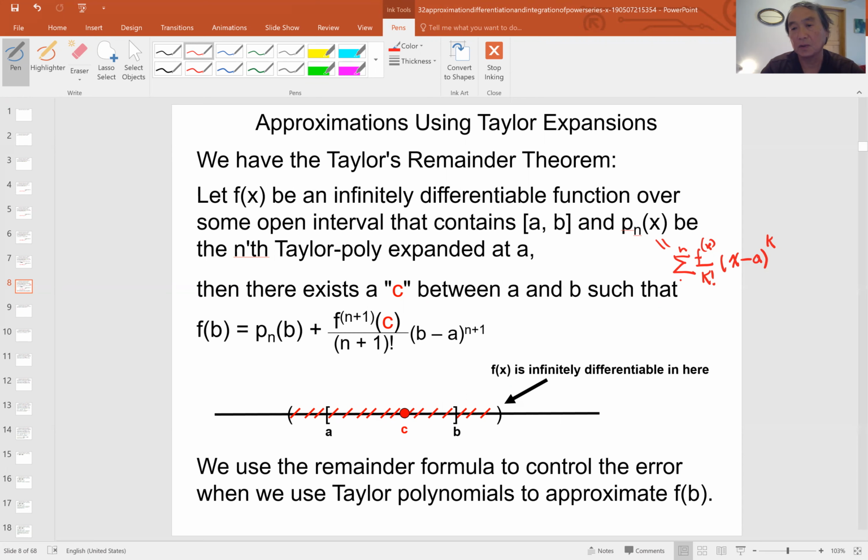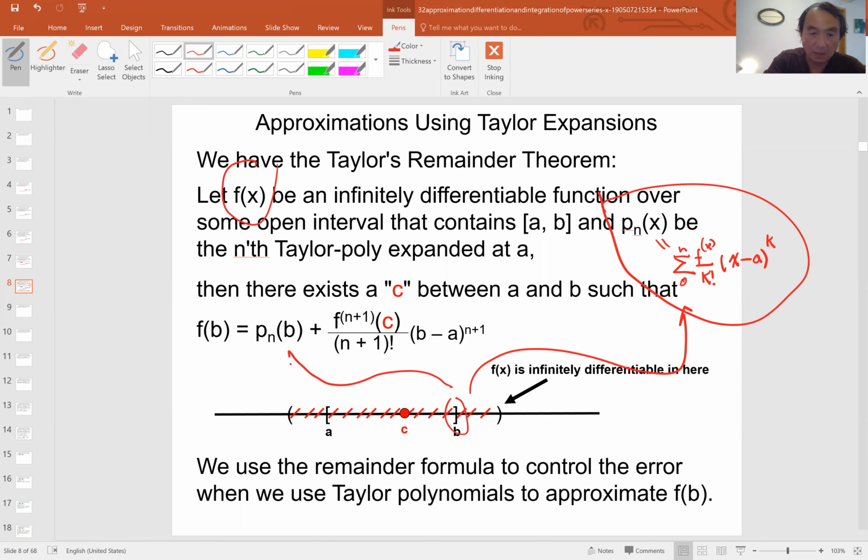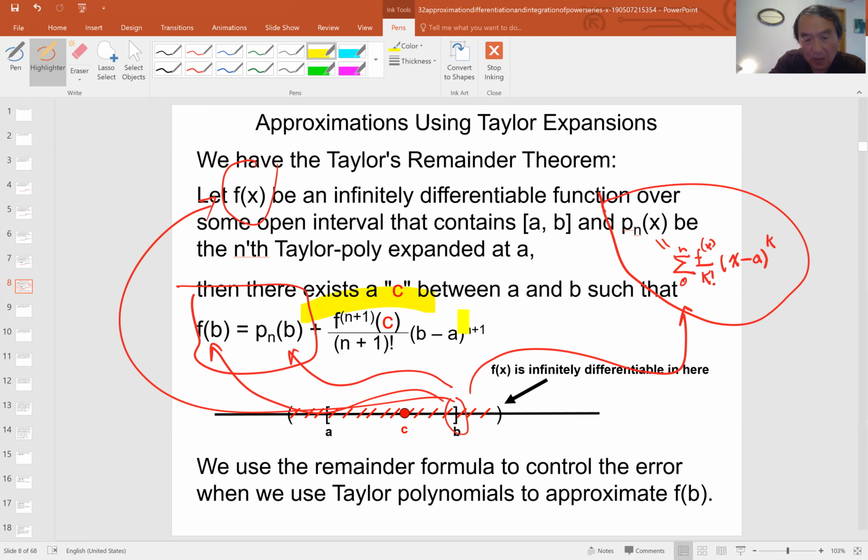So this is the polynomial, and this is the function f(x). We're going to take a point b and plug it in here, which gives f(b). Then we compare this polynomial value versus f(b). Of course, they're not the same, and that's what the Taylor remainder theorem says.